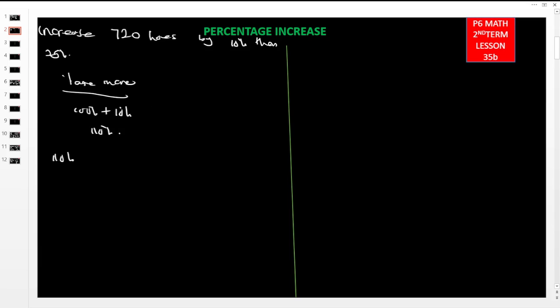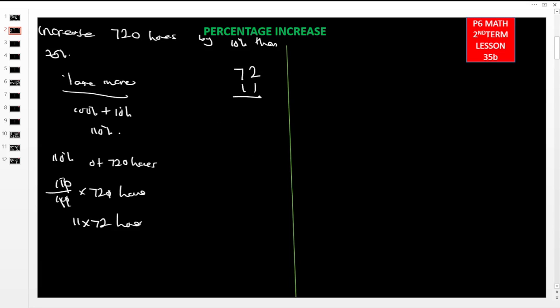Therefore 110% of 720 holes. This is 110 out of 100 times 720 holes. Cancelling zeros, we have 11 times 72, which is 792 holes. So we have increased them.